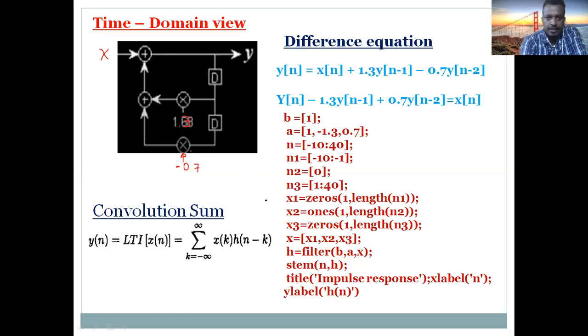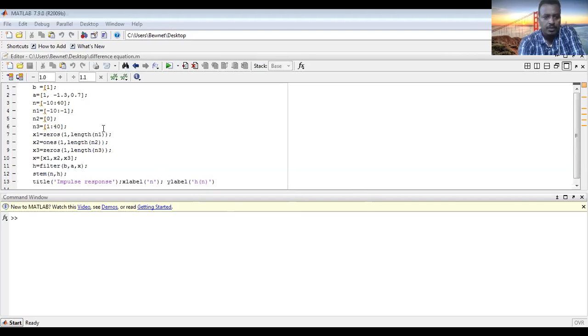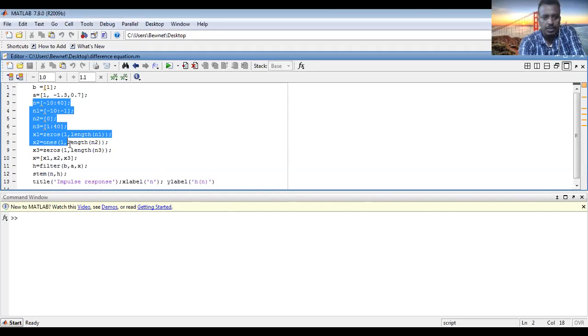So let's run this program in MATLAB. As you can see, in our difference equation, B is 1, the input side. A is the coefficient on the output side, 1, minus 1.3, 0.7. All these lines generate the unit impulse signal.